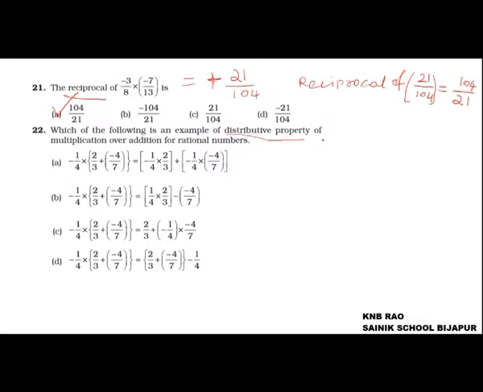So distributive property of multiplication over addition is A multiplied to the sum of B and C, which is equal to A into B plus A into C. Now watch carefully the options given.